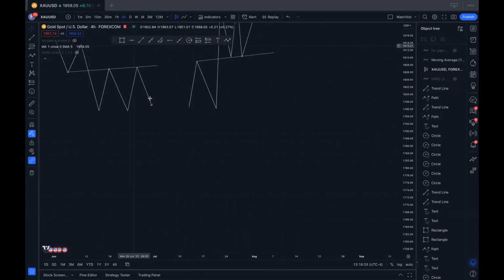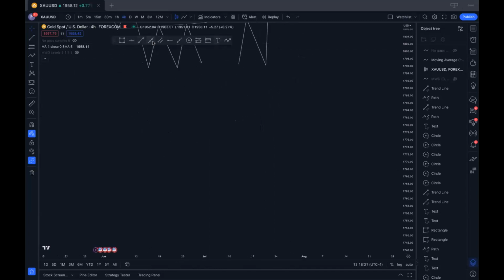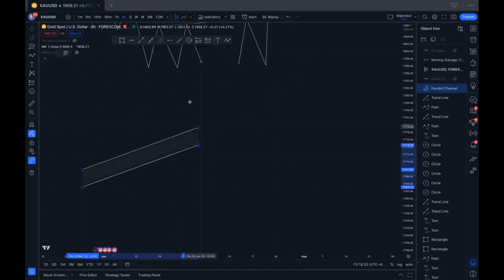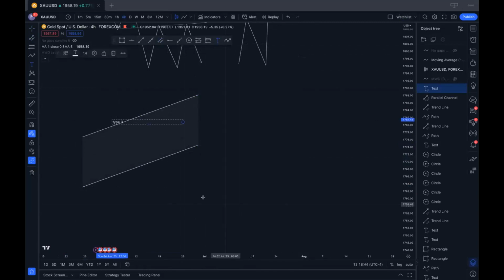Okay. Type 3. From the people that I've learned from my masters, type 3 is actually the channel trend line, right? We don't use that. I will show you guys later. It's not needed, but if you guys really want it, I will show you.